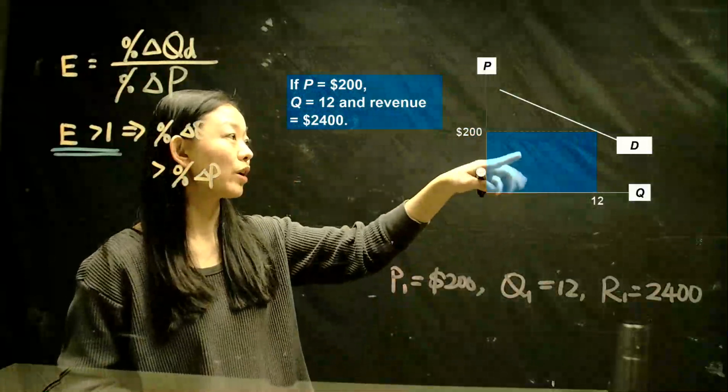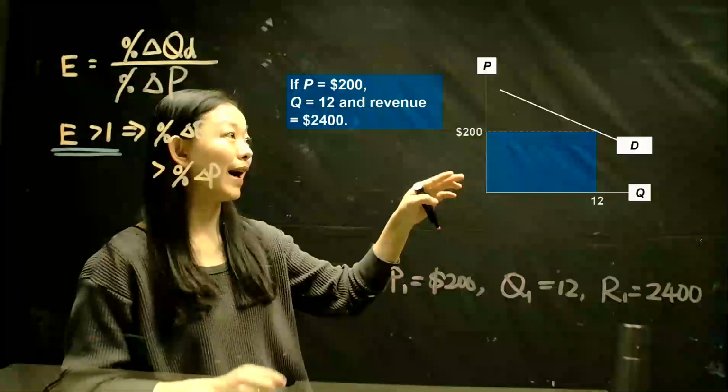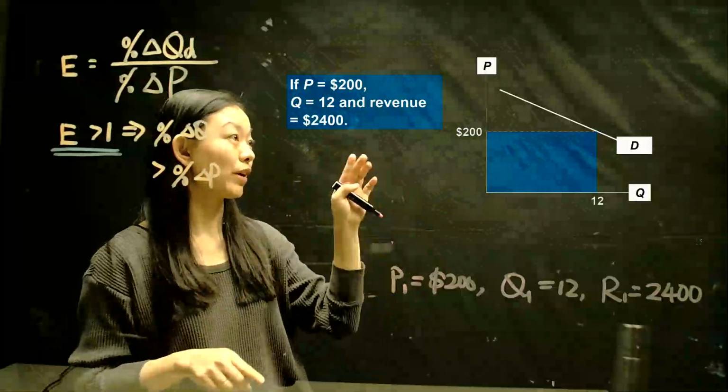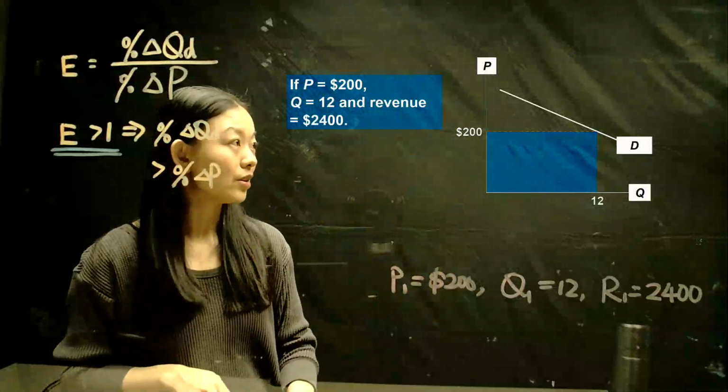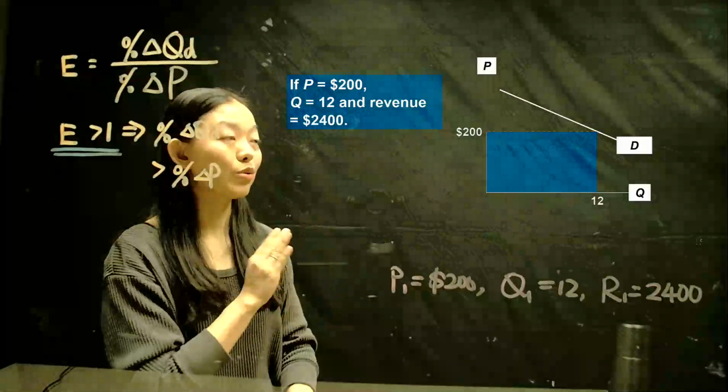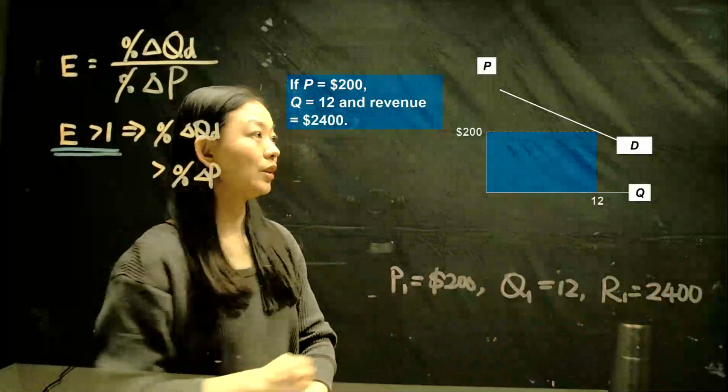That is also displayed by the blue rectangle on the graph. That blue rectangle represents the total revenue.